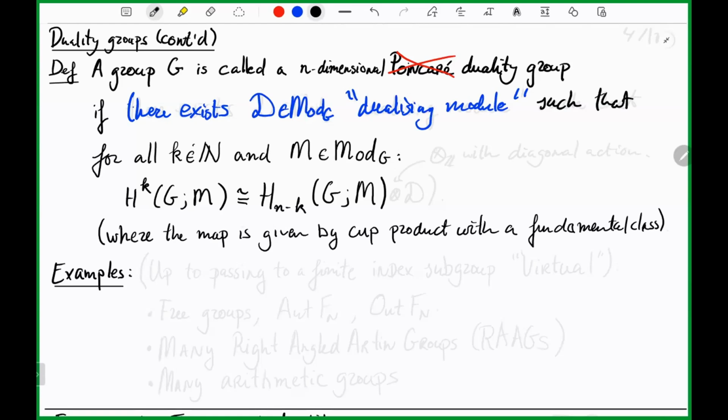for all k and all M, you have this isomorphism where now instead of getting an isomorphism with just the homology with coefficients in M, you get homology with coefficients in M tensored with this module, where I should point out that this tensor product is the tensor product over Z with diagonal action.